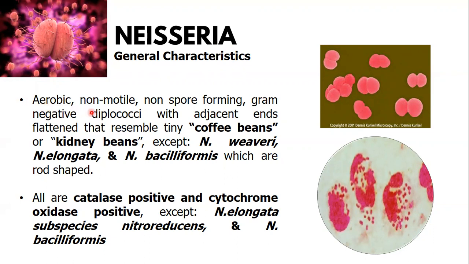They are non-motile simply because they lack the organelle that enables bacteria to move, which is the flagellum or flagella, and they are non-spore forming bacteria, which means that they cannot form endospores in response to harsh environmental conditions because, as we all know, there are only two pathogenic genera that are capable of doing such, which are Clostridia and Bacillus.